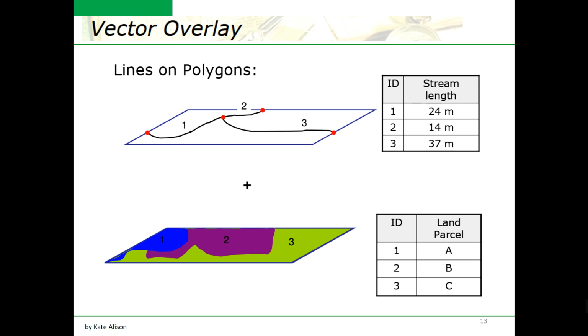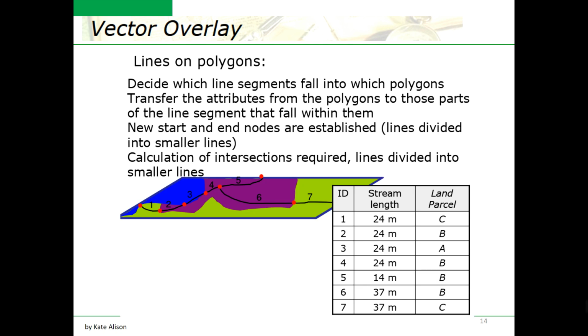And we have a polygon layer showing the IDs of different parcels, which have attributes A, B, C. And we would like to overlay these two. So what is going on in this case?